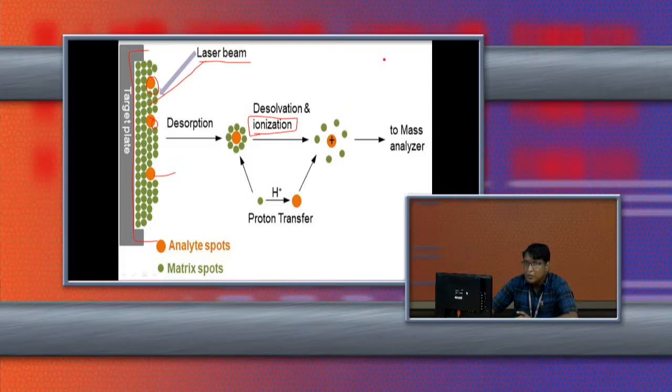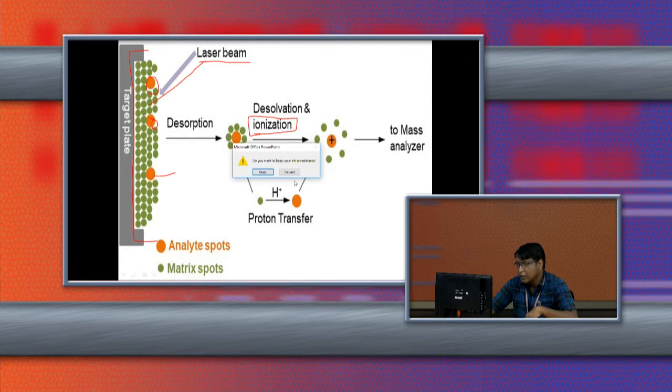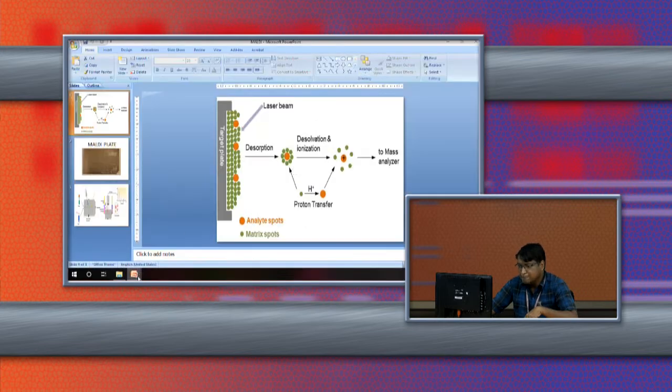So what is desorption? Detachment of proteins. From where are the proteins detached? As we discussed, proteins are previously coated onto the slide, which is layered with a matrix material, right? So from the adsorbed material, the proteins are detached, right? We'll move on to the next area.